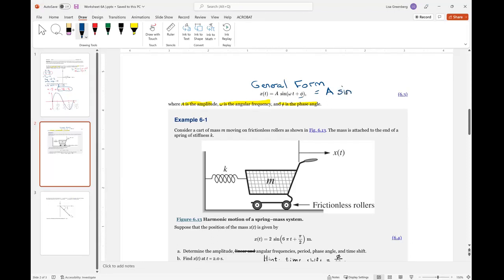So we would have sine of, and I'm going to factor out omega. That becomes t. When I factor omega out, basically I divide both of these things by omega. So this would be t plus theta over omega. Okay?